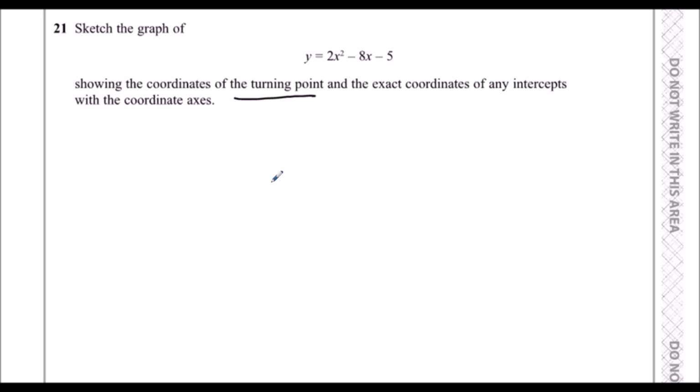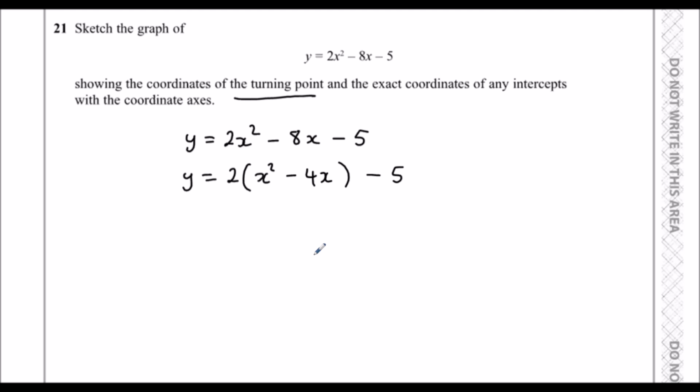So if we complete the square first, we've got y equals 2x squared minus 8x minus 5. I'm going to factorize out the 2 first, from the first two terms at least. So 2 times x squared and 2 times minus 4x.